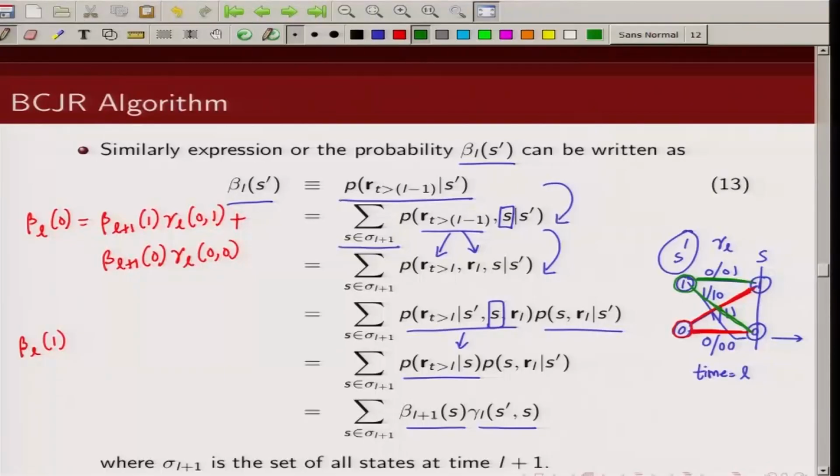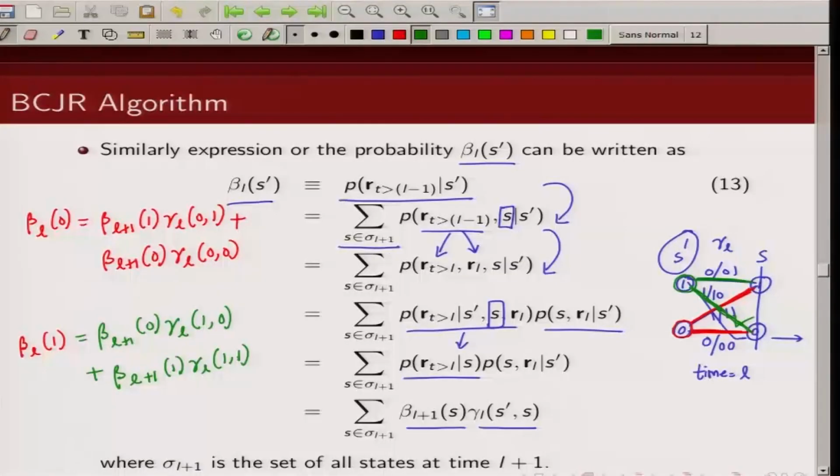So, the first will be beta L plus 1 at state 0 times gamma L 1 0, and the second will be given by beta L plus 1 at state 1 times gamma L 1 1. So, this is our expression for betas.